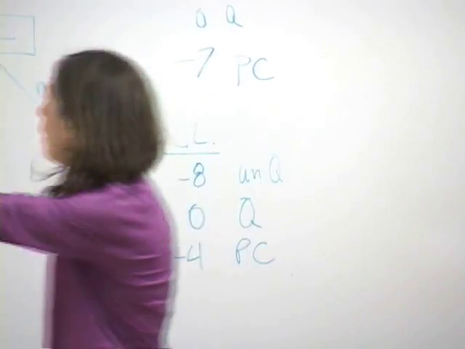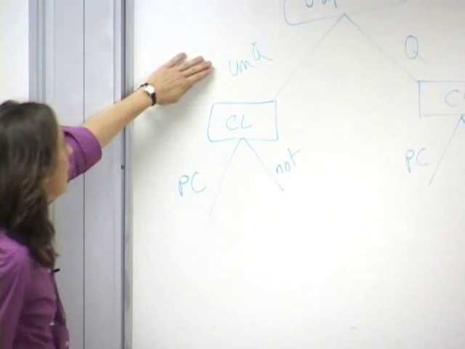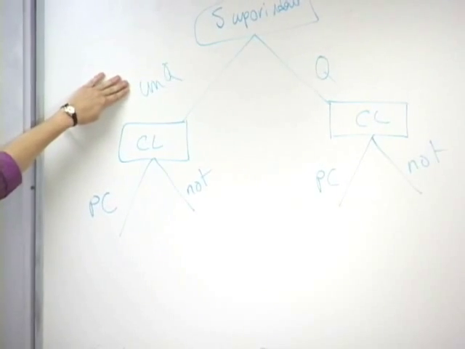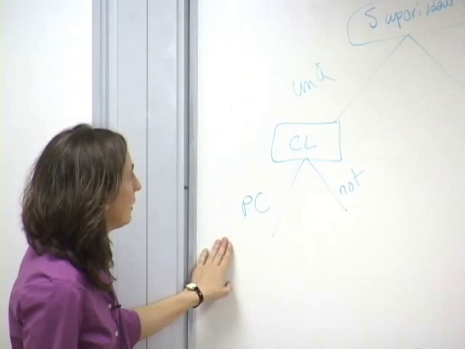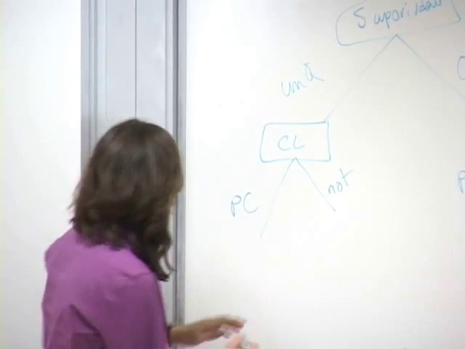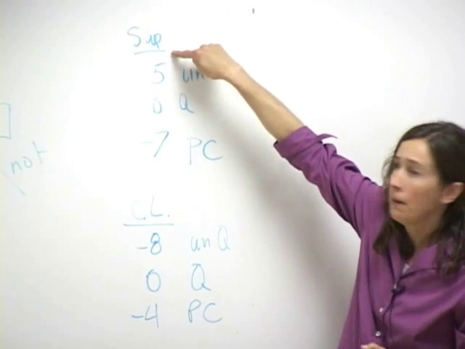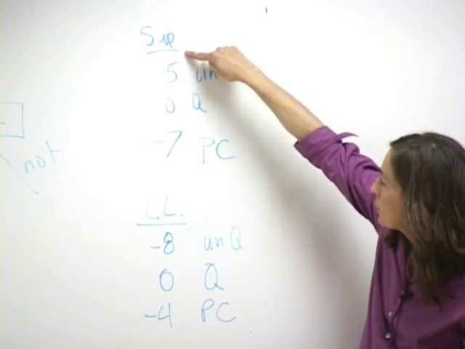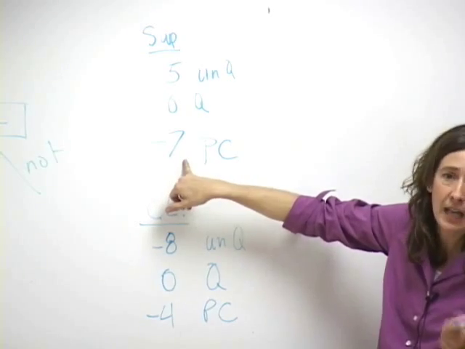Okay, so if we have the unqualified candidate and a publicity campaign, the superintendent has 5 from the kind of principal she likes, but -7 from that publicity campaign.